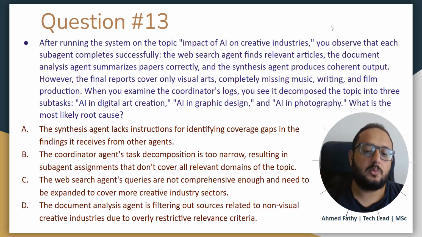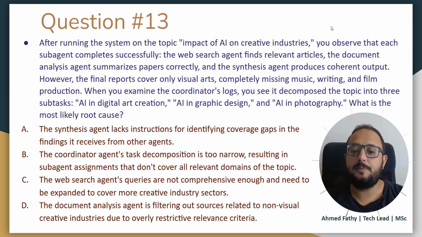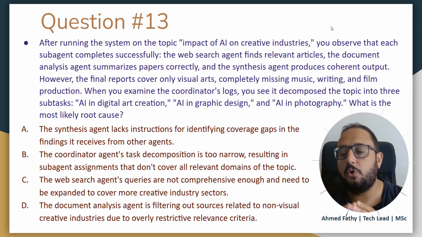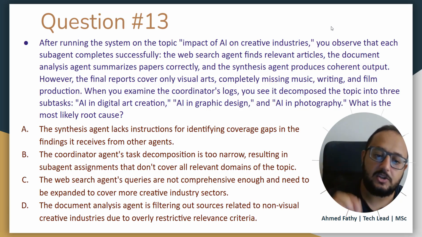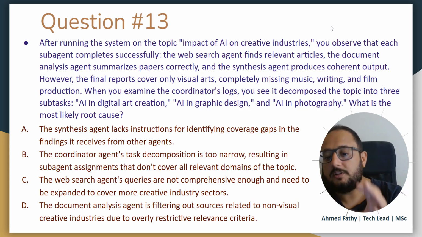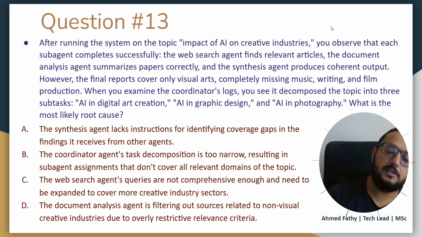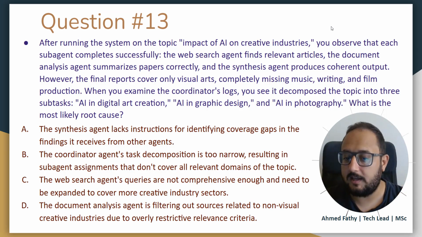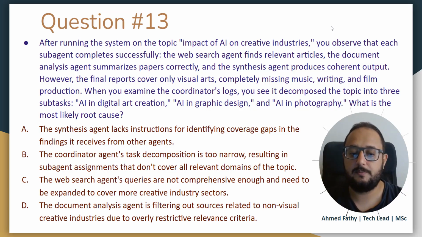Okay, now for question number 13. After running the system on the topic of impact of AI on creative industries, you observe that each sub-agent completes successfully. The web search sub-agent finds relevant articles. The document analysis agent summarizes papers correctly, and the synthesis agent produces coherent output.